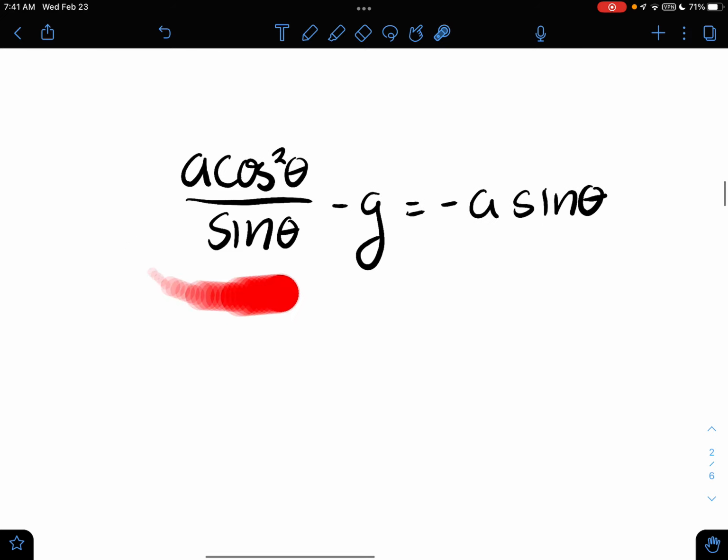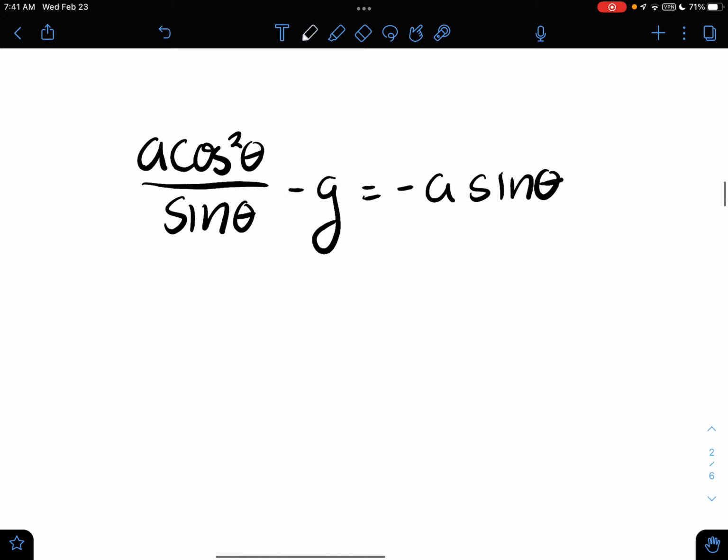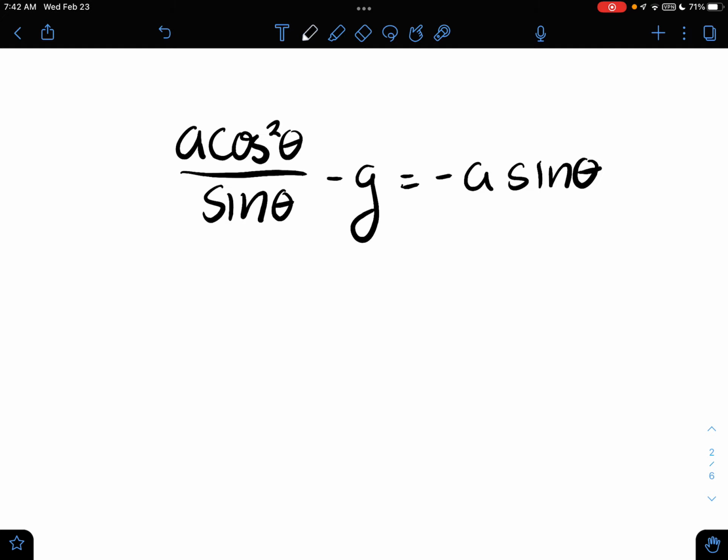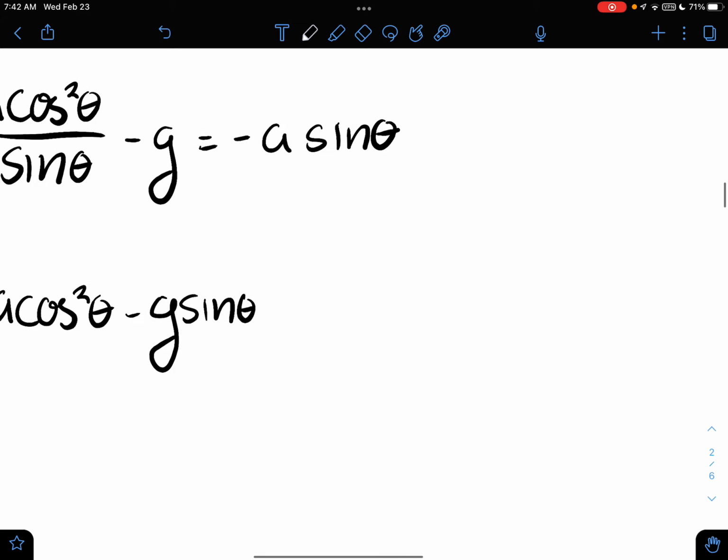I don't like how we have this sine theta in the denominator, so I'm going to multiply everything by sine theta for simplicity. So a cosine squared theta minus g sine theta equals negative a sine squared theta.